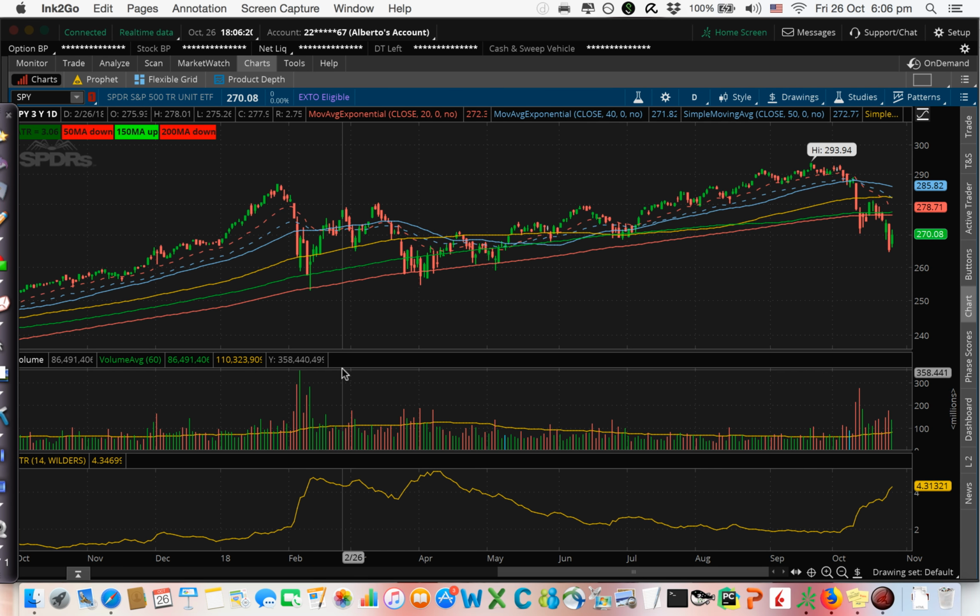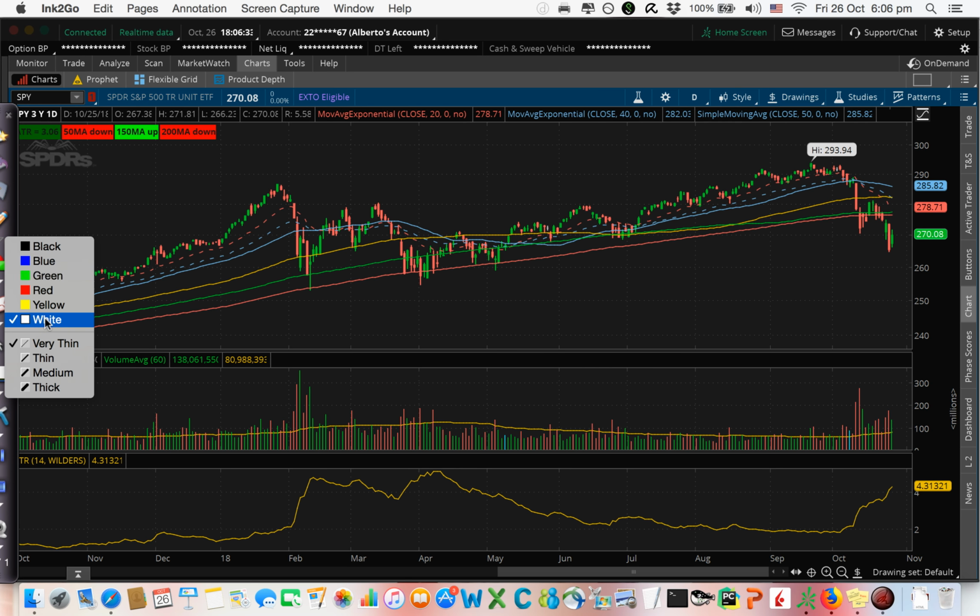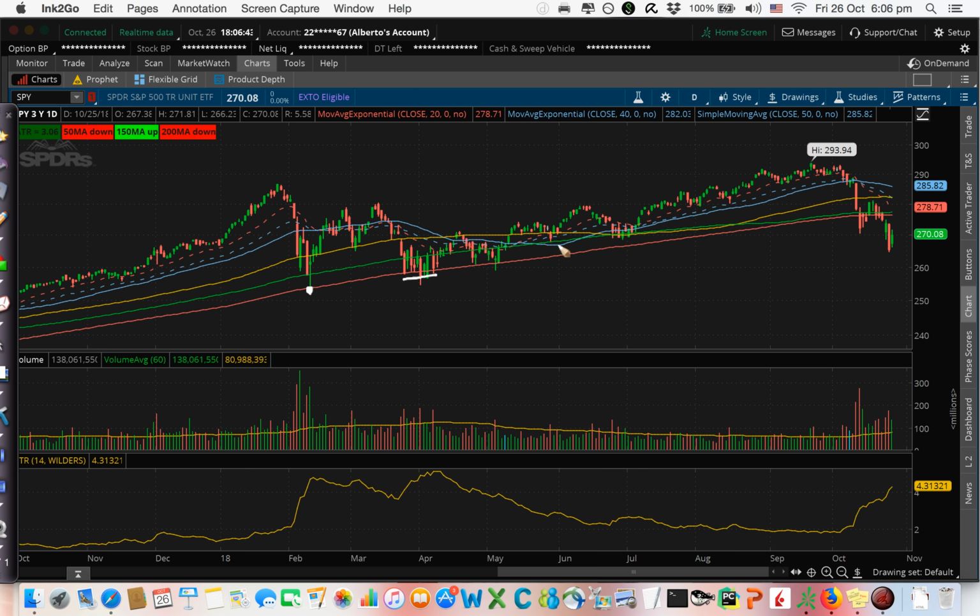As I've said in previous videos, the 200 moving average is a really strong support, and let me show you, the 200 moving average is this red line, and you can see that this was a strong support here, here, and also here. Support means that the price went down and then bounced back, and same here, and then the uptrend continued.